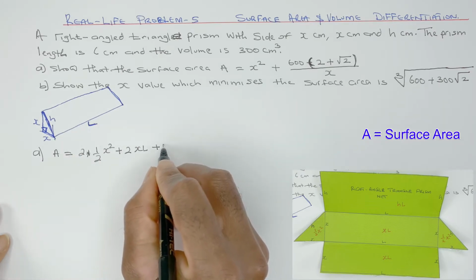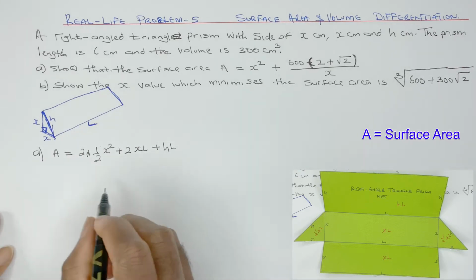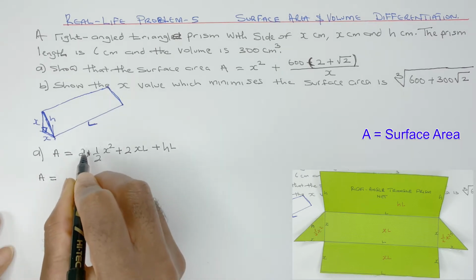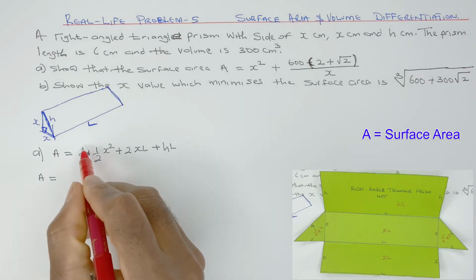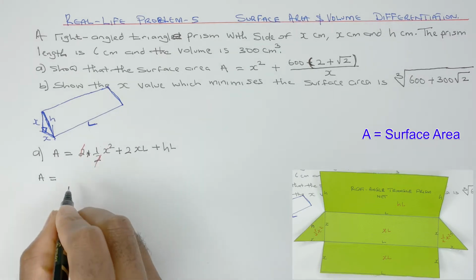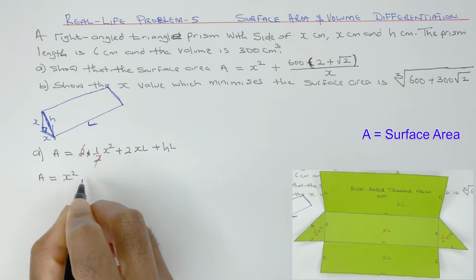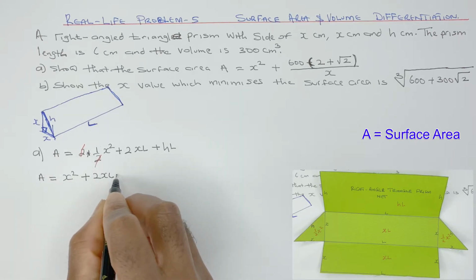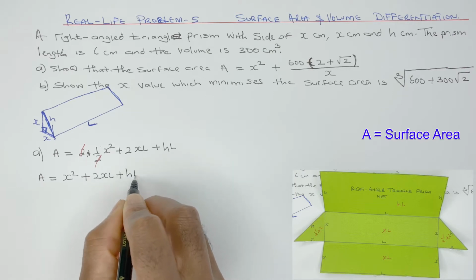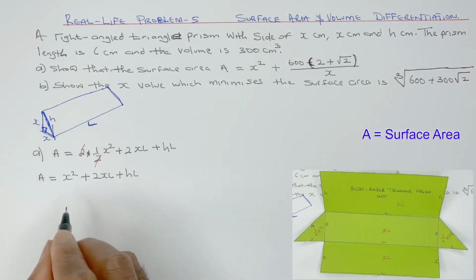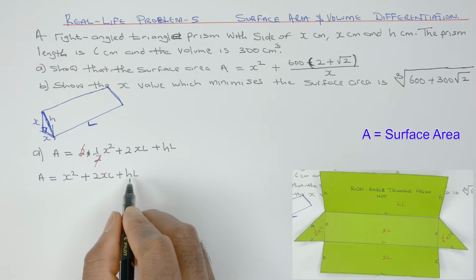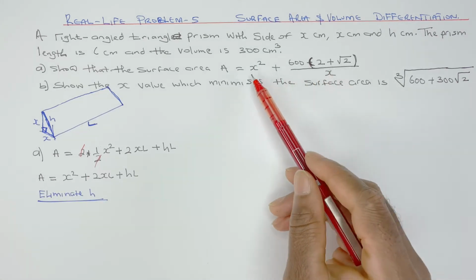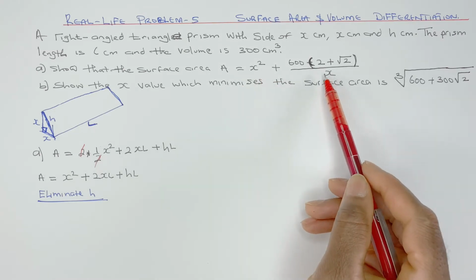If we simplify that, the 2 cancels the half, and we get A equals X squared plus 2XL plus HL. The first thing we need to do is eliminate H, because in the final answer we don't have H or L. So we need to eliminate H and L.